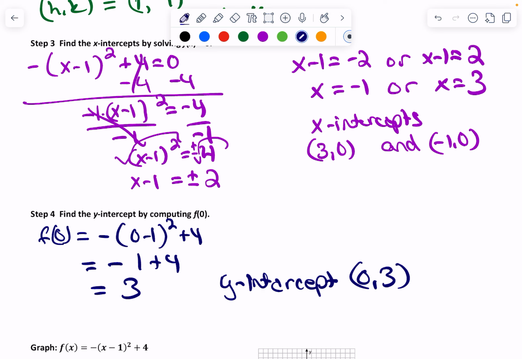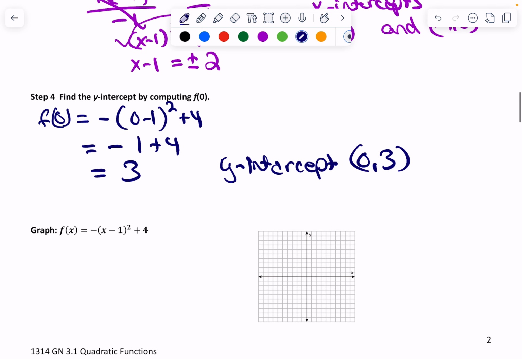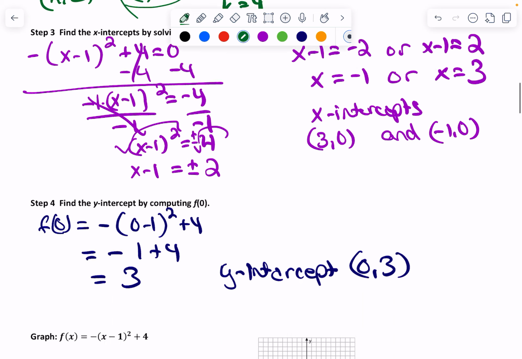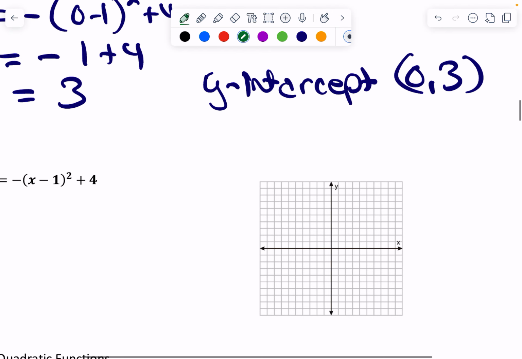Okay, now with the points that we've got, we're able to graph it and everything that we know. So we're going to start with our vertex, 1, 4. So our vertex is going to be 1, 1, 2, 3, 4 right here. That is 1, 4.